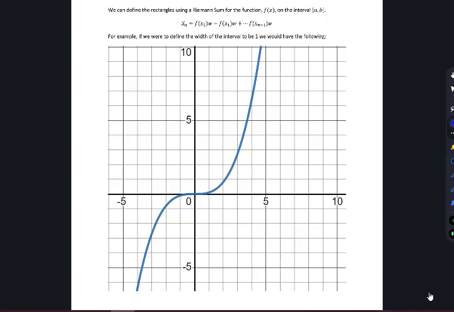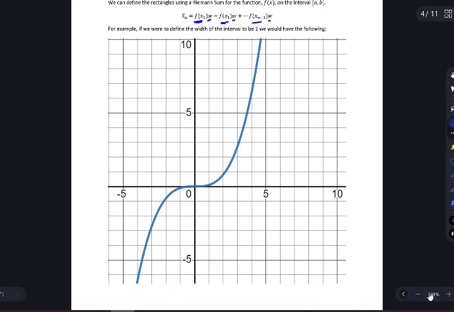You'll notice in this sum we have W over and over again. That represents the width of each of the rectangles. And then the function evaluated at different points is going to represent the height of the rectangles. So let's see what that would look like for this function that we had from the previous page. Again, we were interested in the area from -3 to 4.